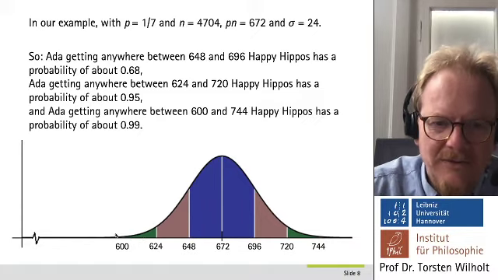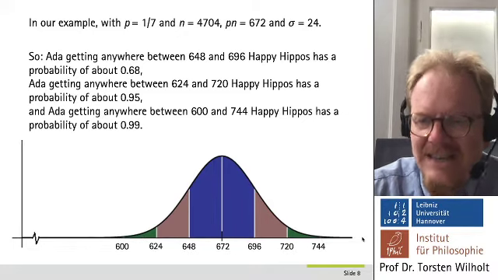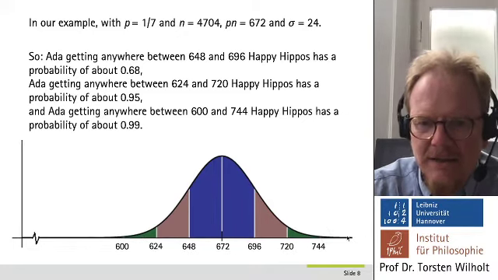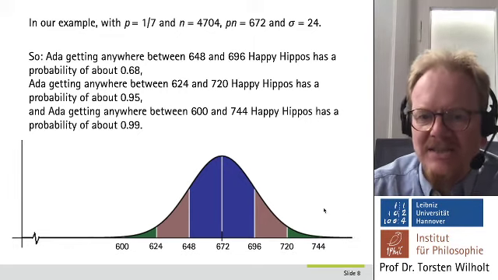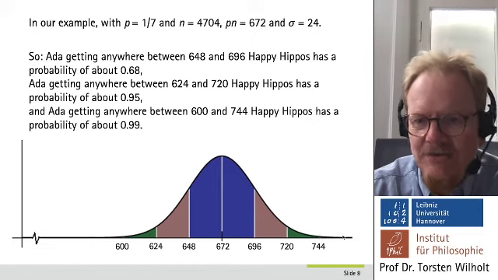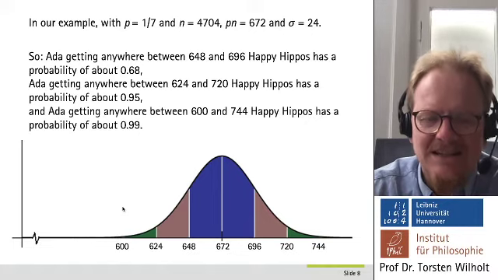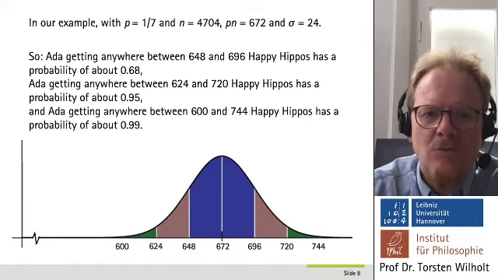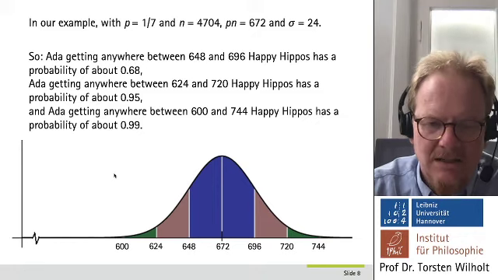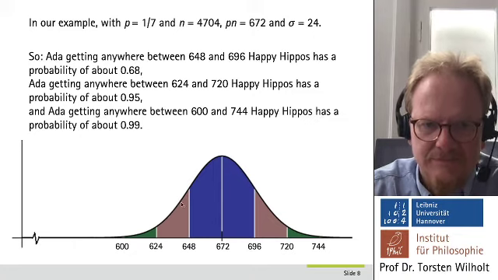So the rest of the probability that is outside of this range, in the tails, as we say, is just 1%. But half of that rest is to the right of 744, and the other half, only the other half, is to the left of 600. So getting a result that's less than 600 has only 0.5% probability.